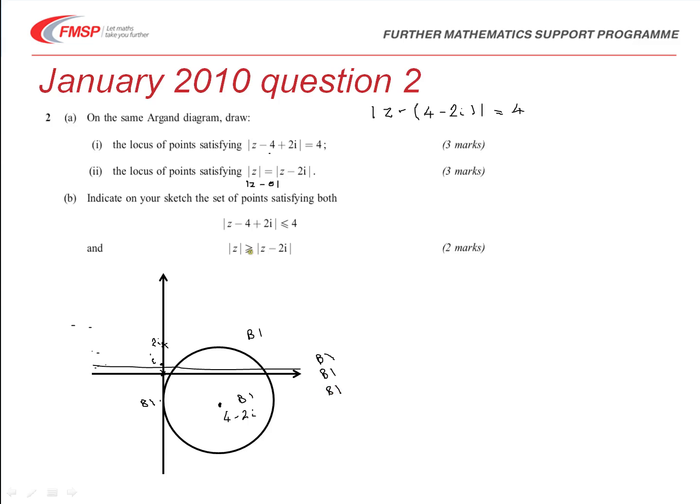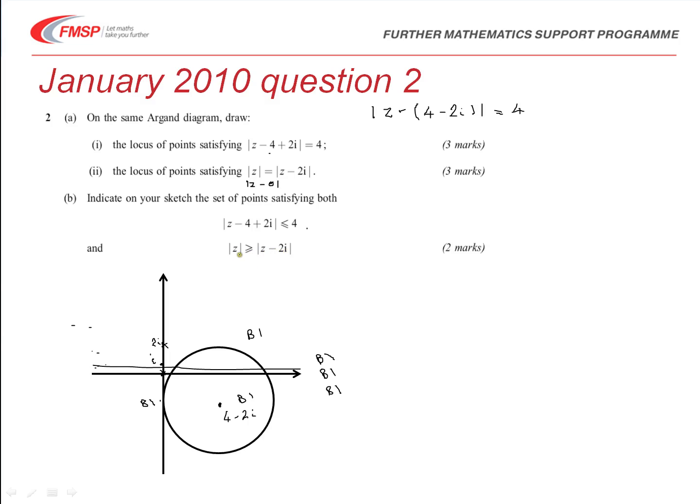Into part B, well, it says the modulus of z minus 4 plus 2i is less than or equal to 4. That means that the points that you're interested in lie inside the circle. Now it then says the modulus of z has got to be greater than or equal to the modulus of z minus 2i.